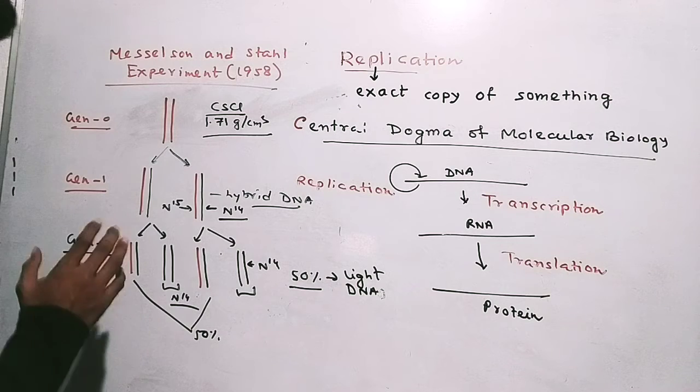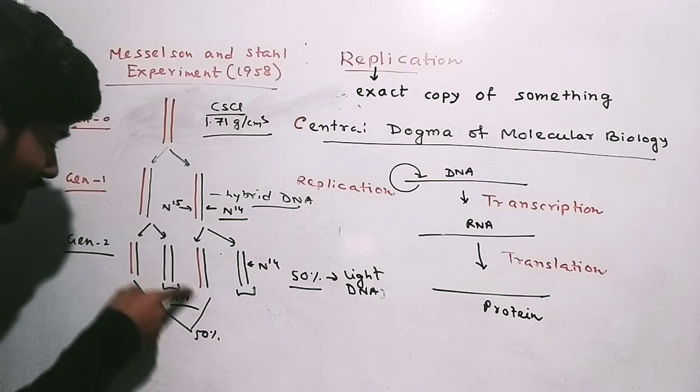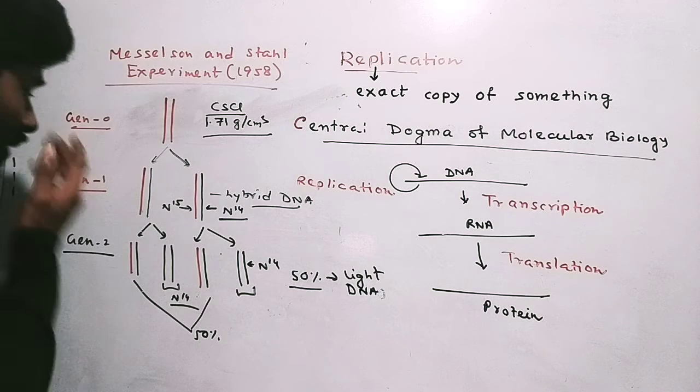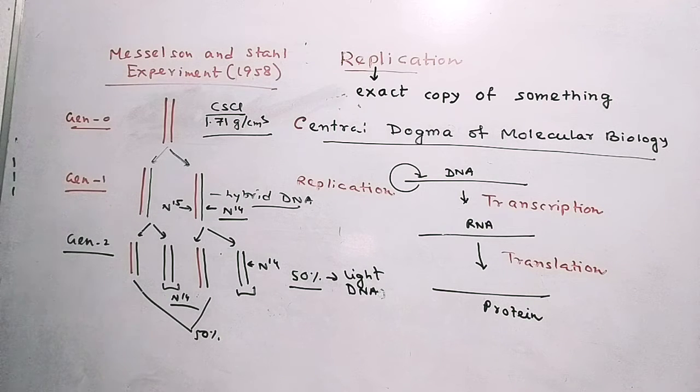Because if it is not true, then why are there these hybrid bands or hybrid DNA molecules? Now this is the Meselson and Stahl experiment, which clearly proved that DNA replication is semi-conservative.